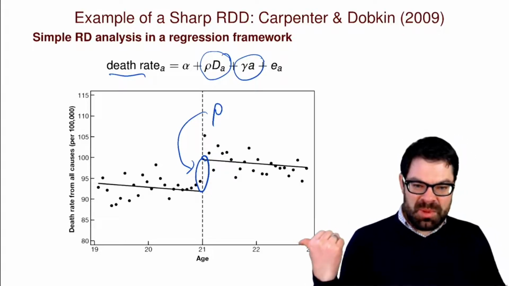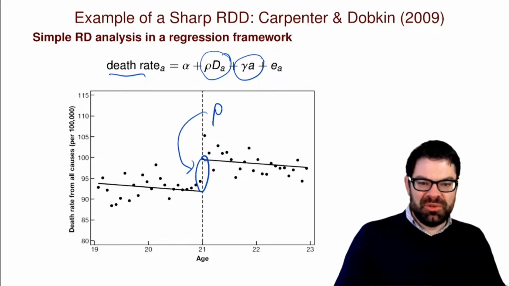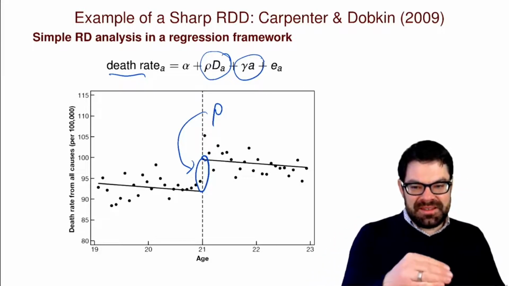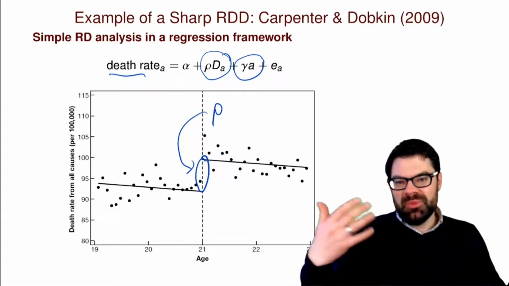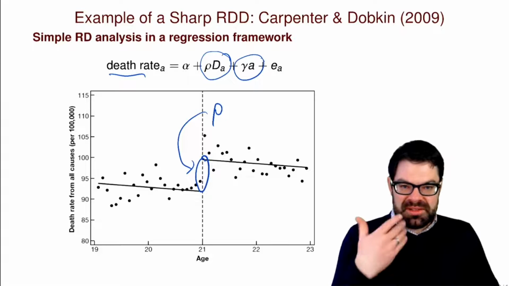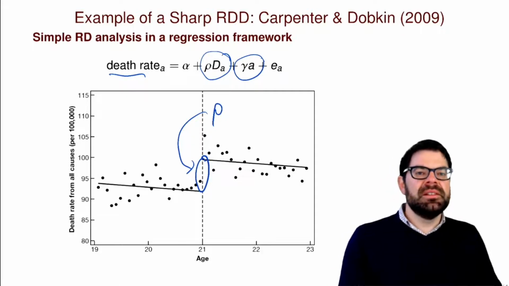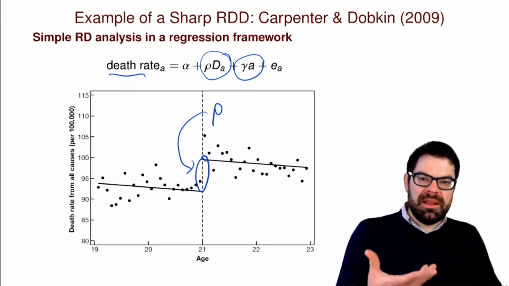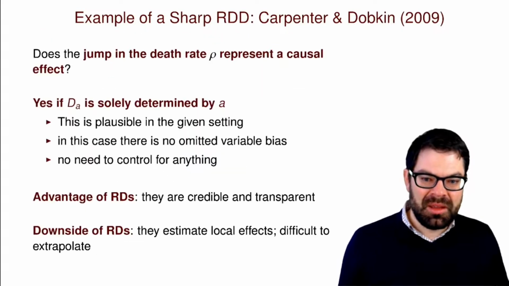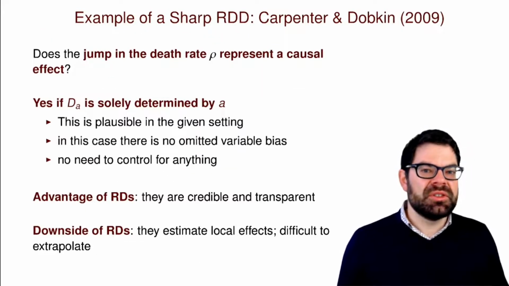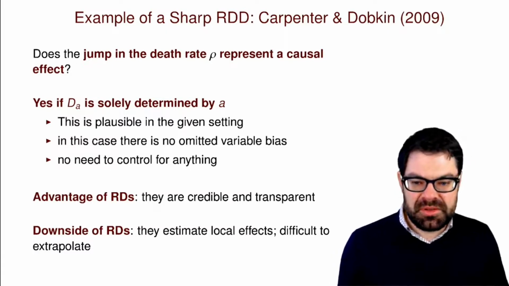But if you show them a picture like that and say, look, below that age threshold the probability of dying is this, above it's that, and nothing else changes, that's something that you can even show to a policymaker who is not familiar with the technique, and they will probably understand what you're doing here. So that's a huge advantage, the credibility and the transparency of that research design.